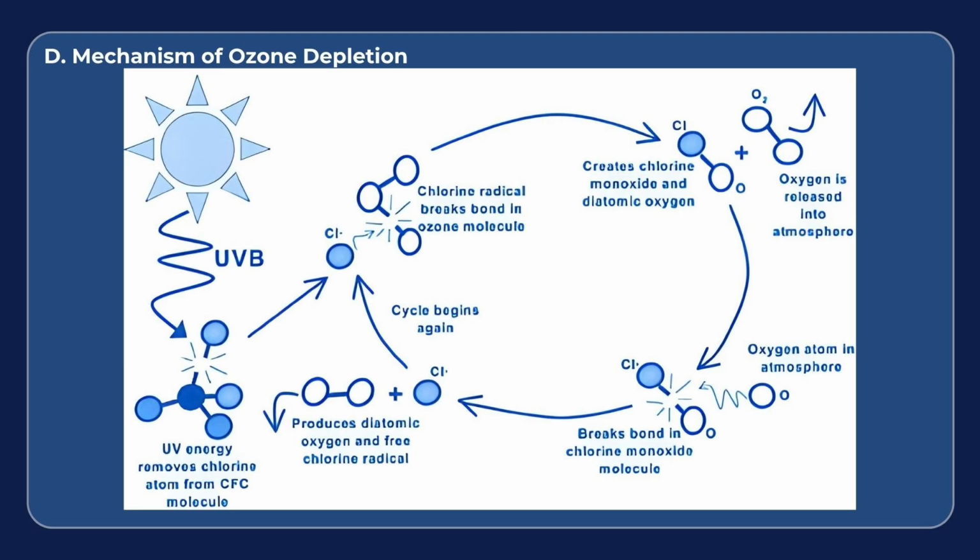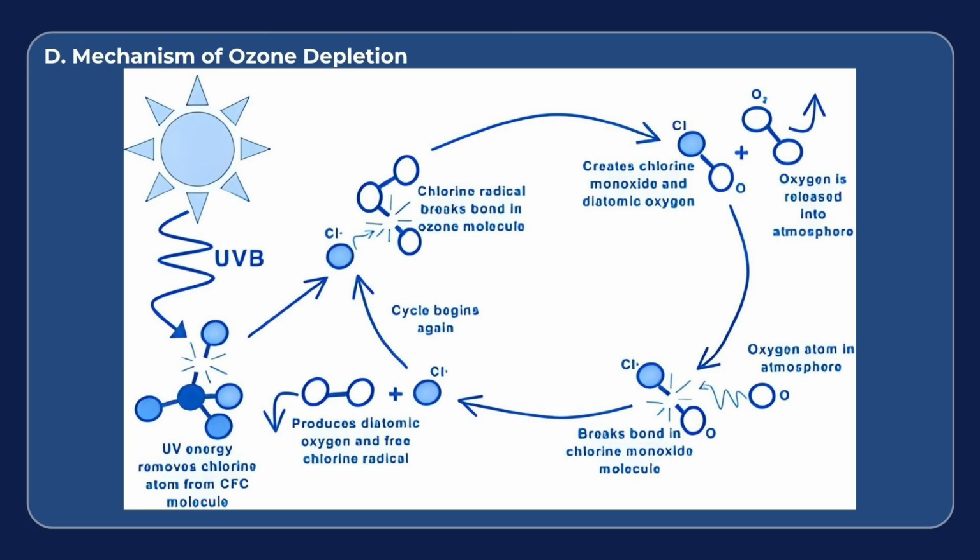The reaction is represented as nitrogen dioxide plus nascent oxygen produces nitric oxide plus diatomic oxygen. In this process, the nitrogen dioxide gives up an oxygen atom to the nascent oxygen atom. This step is significant because it consumes the oxygen atoms that are needed to naturally build new ozone.